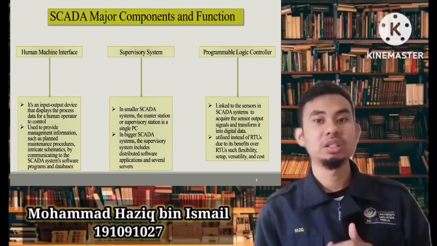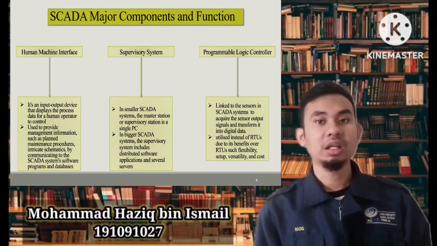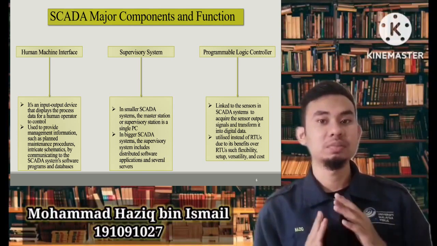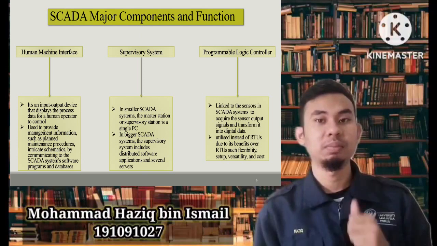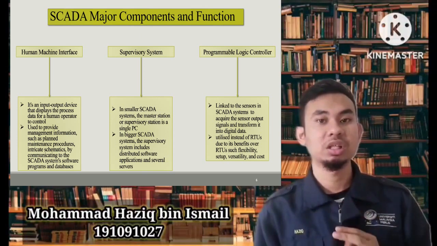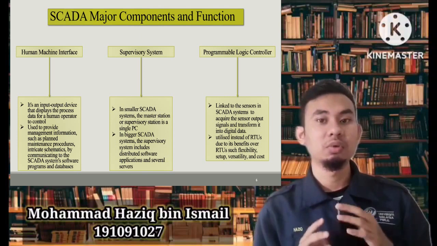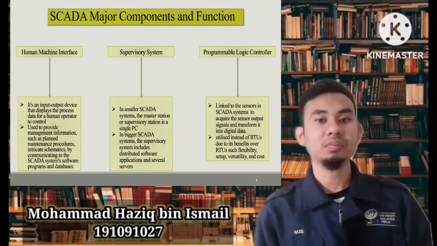The first one is human-machine interface. It's an input-output device that displays the process data for a human operator to control. It is used to provide management information such as plant maintenance procedures, intricate schematics, logistical data, trends, and also diagnostic data by communicating with the SCADA system software, program, and database.